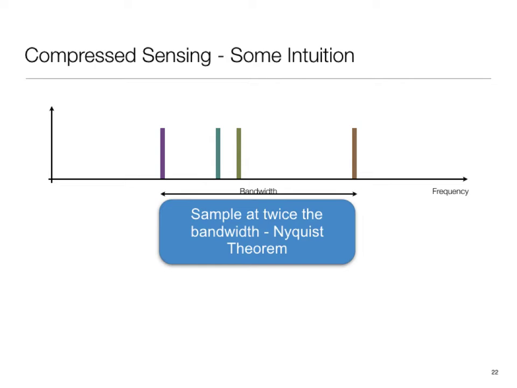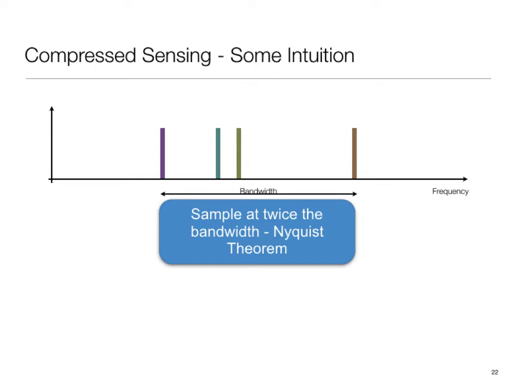What Nyquist sampling basically says is that twice the frequency, or more precisely twice the bandwidth, as in the highest frequency component minus the lowest frequency component, is sufficient: if you were to sample a temporal signal with that, then you would be able to reconstruct that temporal signal.